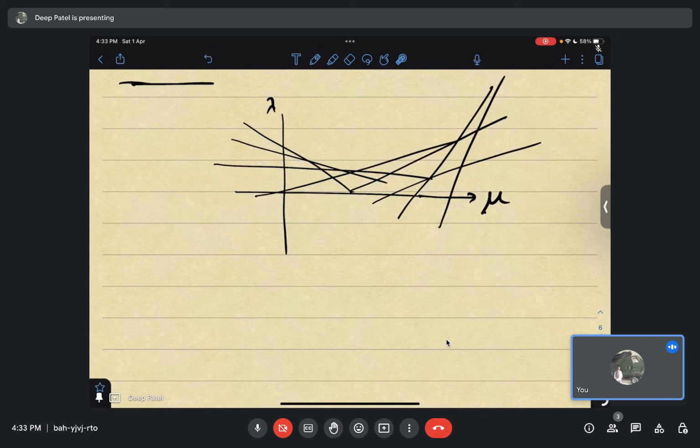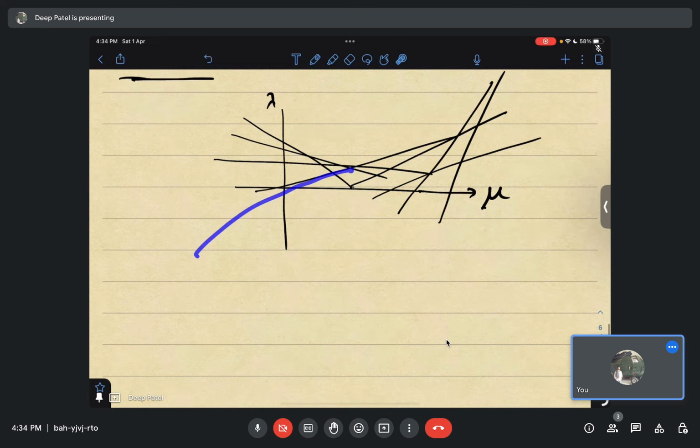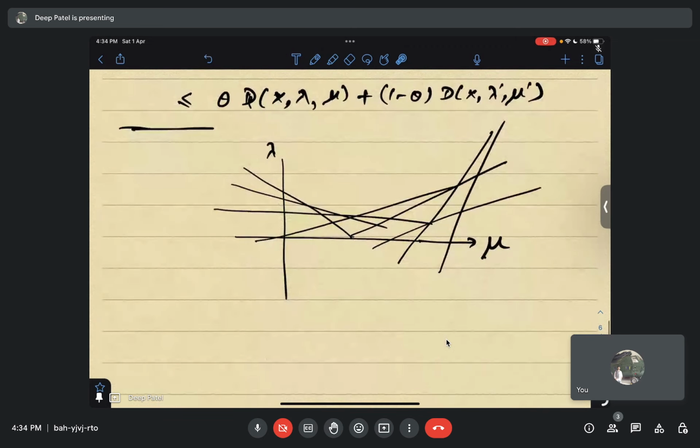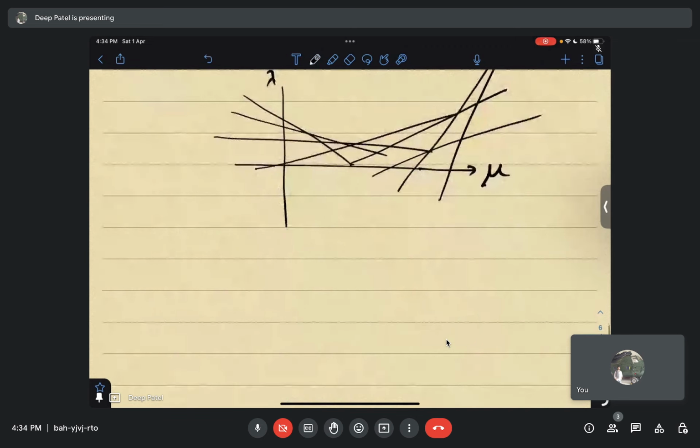How will it look? Maybe the way I drew it it will be neither, but it'll be something like this, right? The greatest lower bound.